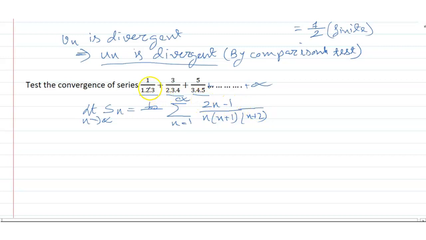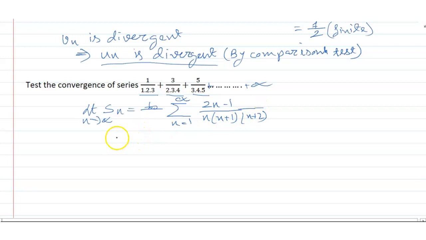Now see, 1 and 3 means 2 into, because this is the odd number, 1, 3, 5 are odd numbers. So I can write this way.